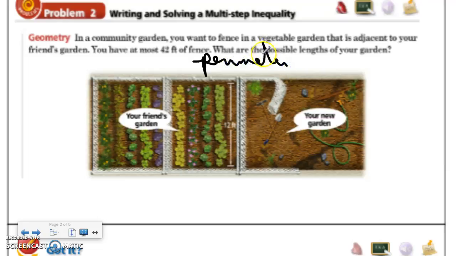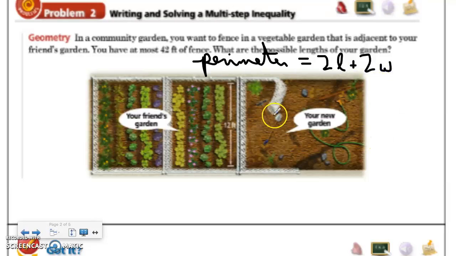I want to find the perimeter of the garden, basically, to know how much fence I need to put on here, right? So, what shape is this? It's a rectangle, which means my perimeter of a rectangle is 2 times the length plus 2 times the width.